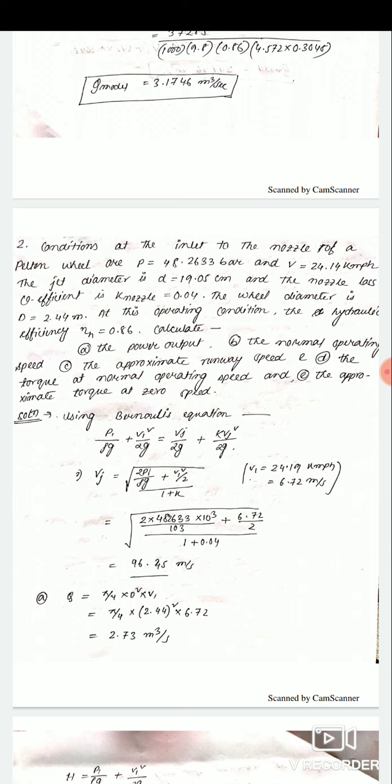The wheel diameter is 2.44 meter. At this operating condition, the hydraulic efficiency eta H equal to 0.86. We have to calculate A, the power output, the normal operating speed, the approximate runaway speed, the torque at normal operating speed, and the approximate torque at zero speed.